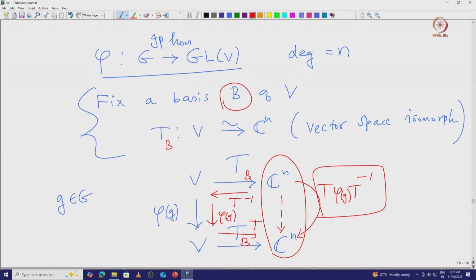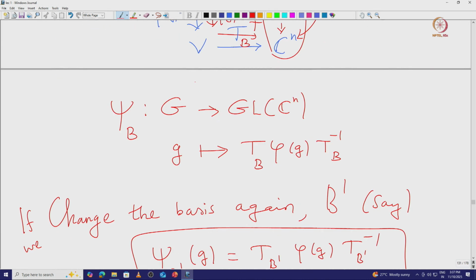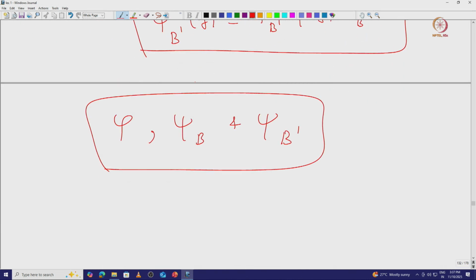So that means by changing the basis, we do not expect the action to change. So all these new representations that we obtain from phi, we want them to be called similar. That is how this equivalence of representations is obtained.